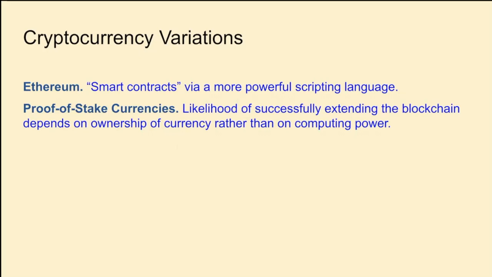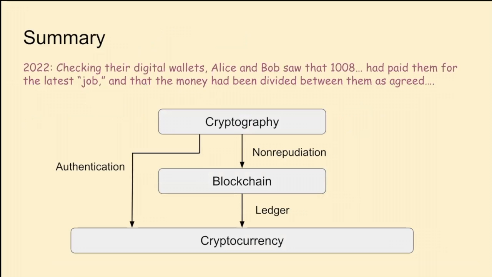It's not clear to me that that's an improvement, but at least it's a different way of determining who controls the blockchain, or whose blocks are most likely to be added to it.